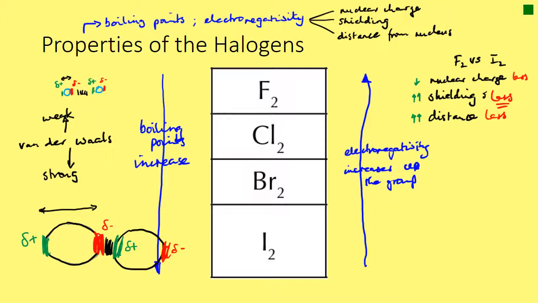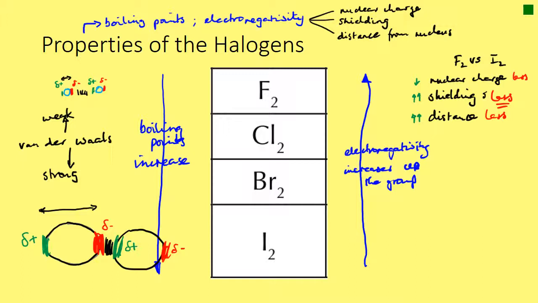But because the distance is small in a small atom, just from there to there across the diameter of the molecule in this case, the van der Waals forces are weak. So they have a small attraction.